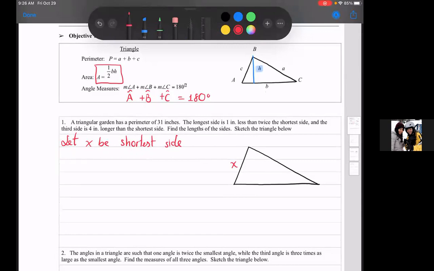The longest side is 1 inch less than twice the shortest side. So how would I interpret it in a math equation? Maybe I'll pick the longest side to be the one on the bottom. Twice the shortest side and then less 1, so 2x minus 1.